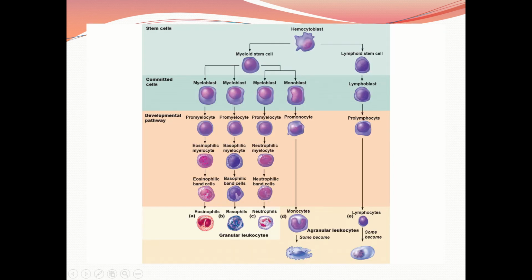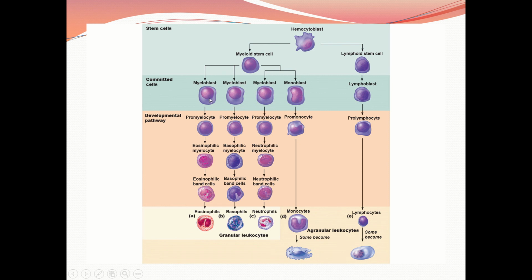So here's the familial lines of the leukocytes. It starts with the hemocytoblast, and this divides either into a myeloid stem cell or a lymphoid stem cell. Myelo means the bone marrow, so these continue to mature in the bone marrow, and they become myeloblasts or monoblasts.